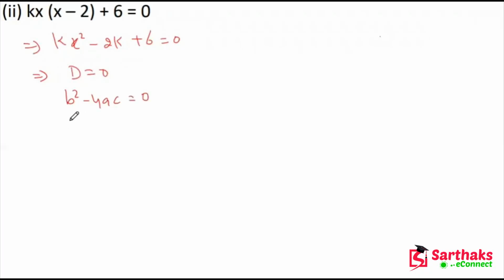B is minus 2k, and 4 into k into 6, which equals 0. Now we have, wait, this is 2k, so this is 2k whole square, and it will become 4k square.